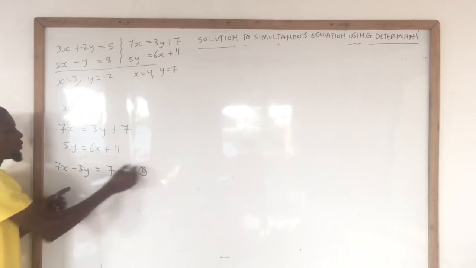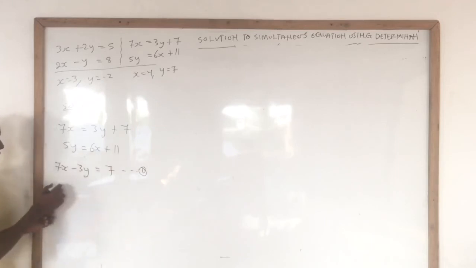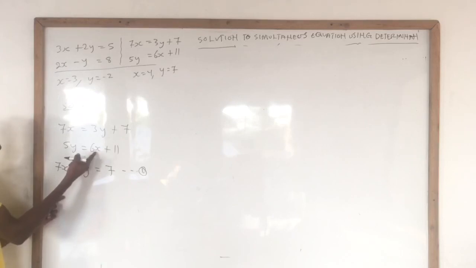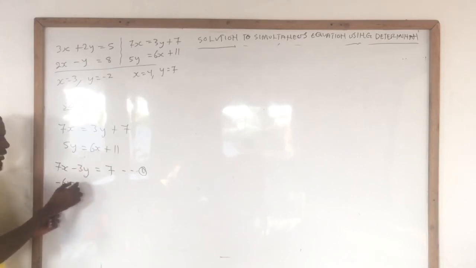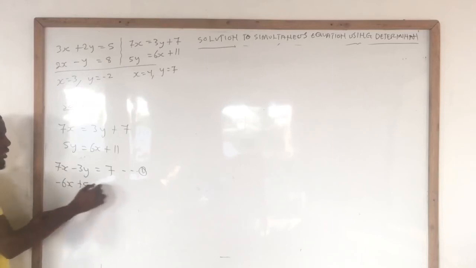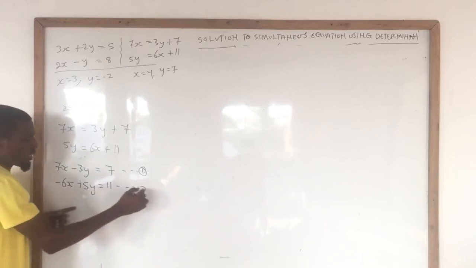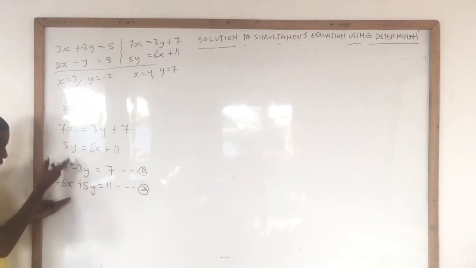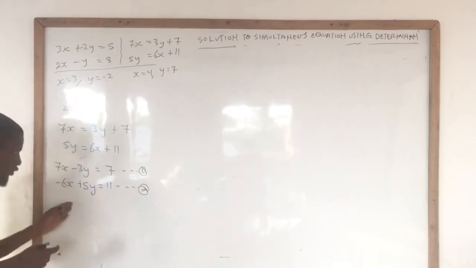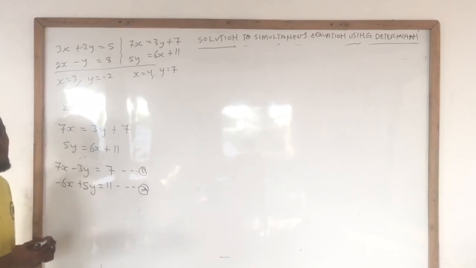This is my first equation. Arranging this one, this is positive, so when it comes here, it becomes negative. I have minus 6x plus 5y equals 11, this is equation 2. And now you understand why I draw the x here, because they have to be in alignment. x has to be in alignment, y has to be in alignment.